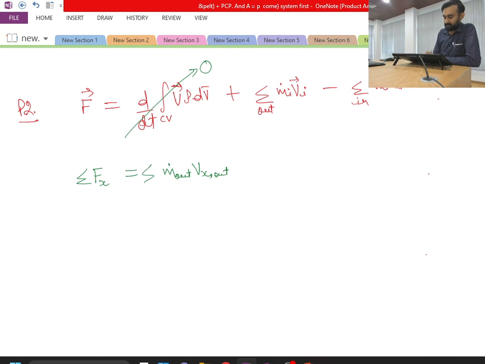The summation of this, if I have multiple inlets and outlets, minus the inlet mass flow into the component of velocity at inlet. Fine. Up to this point, is it clear?